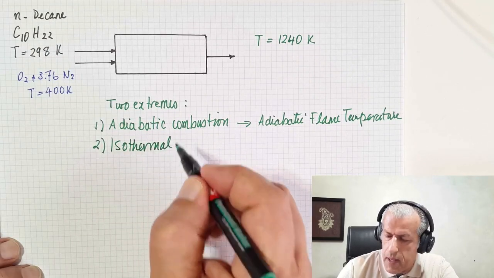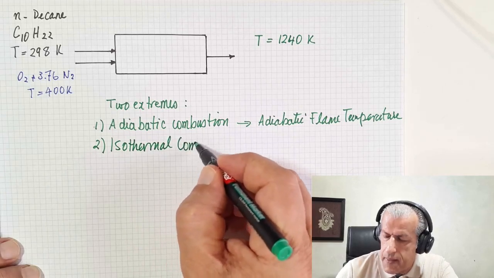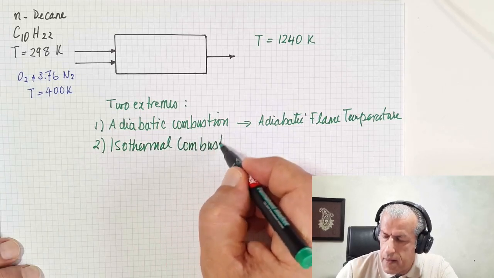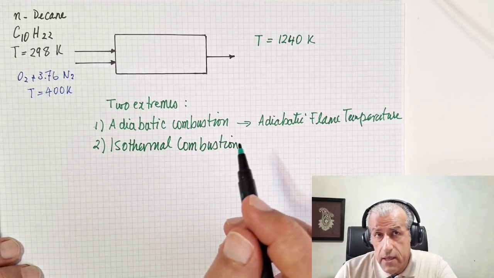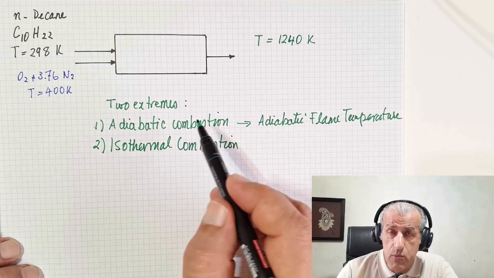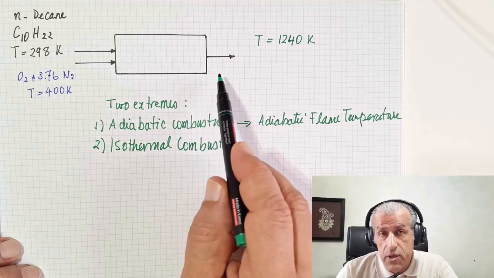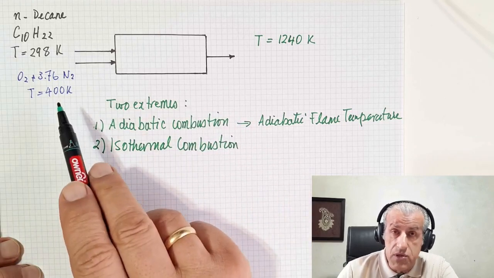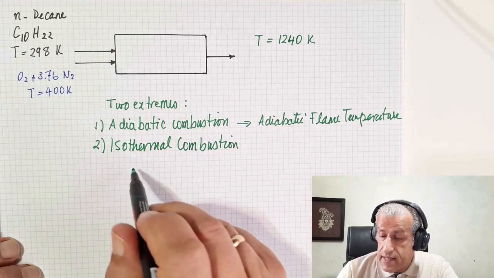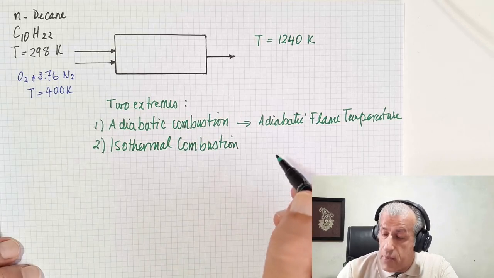The second case is isothermal combustion. What happens? It's not adiabatic. In fact, we extract so much heat from the combustion products that the combustion products return to the temperature of the reactants. And that is isothermal combustion.